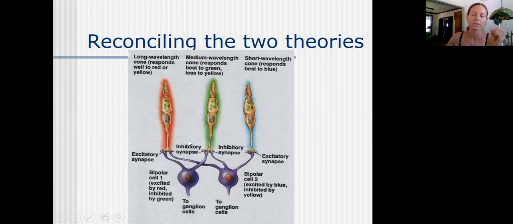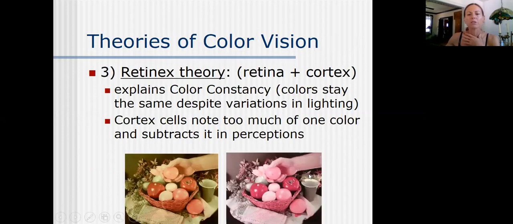Then there's one more theory that's important for color, and it's important for something called color constancy, and that is the Retinex theory. This is the idea that the retina combines with the cortex to give us a constancy of color.